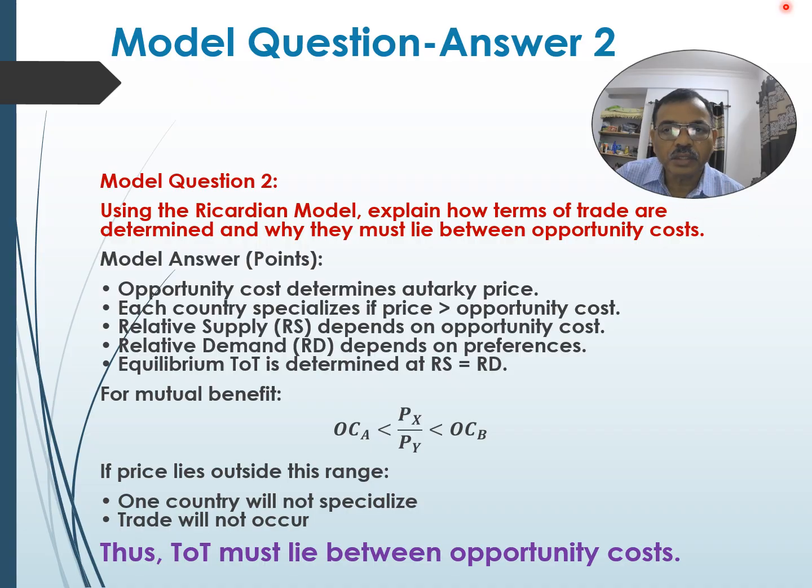In the Ricardian framework, opportunity cost determines the autarky price in each country. When trade opens, countries specialize based on comparative advantage. The international price, or terms of trade, is determined by the interaction of relative supply and relative demand in the world market.